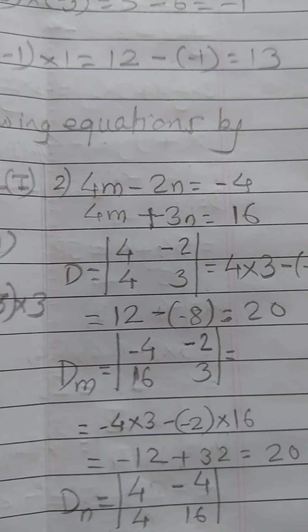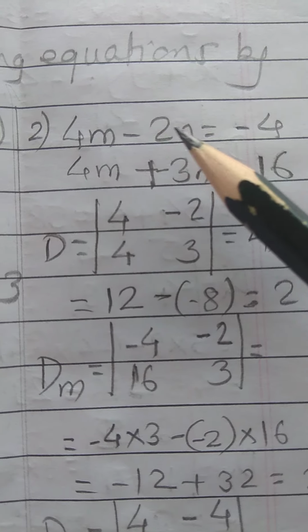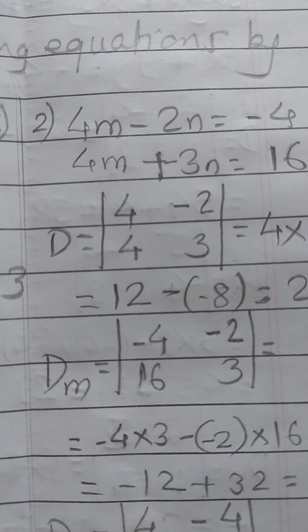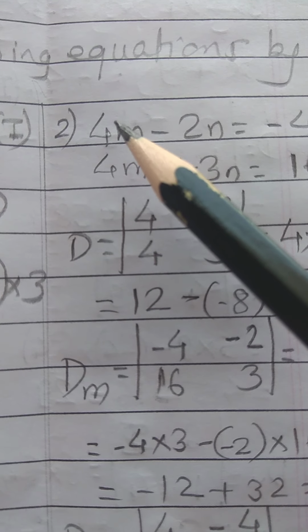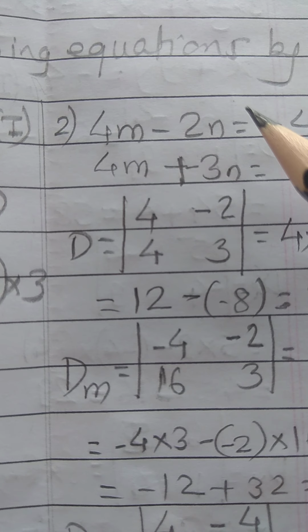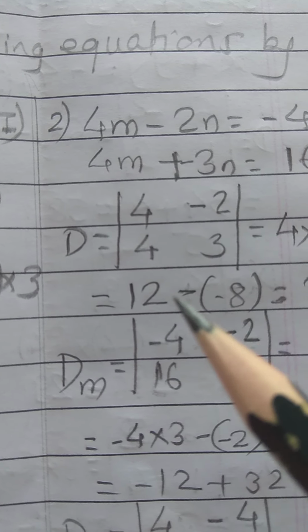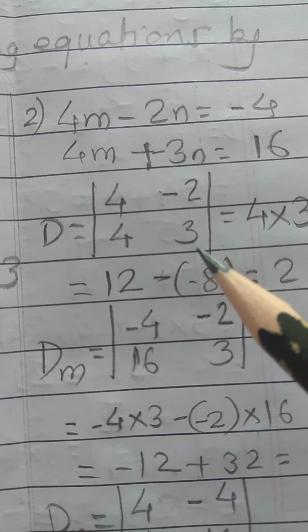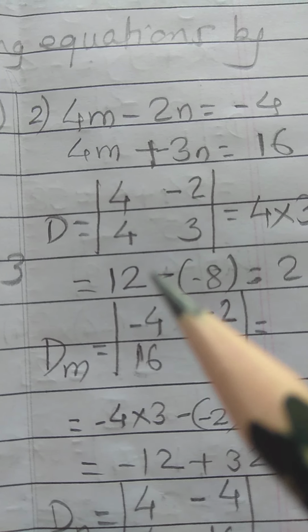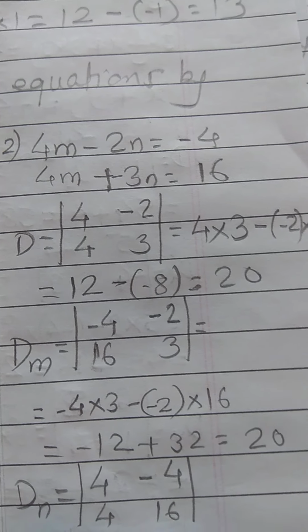Next equation is 4m minus 2n equal to 4 and 4m plus 3n equal to 16, simple equations. So coefficients of m are 4, 4, coefficients of n are minus 2, 3. Multiplication will give you 12 minus minus 8, it will become 12 plus 8, it is 20.